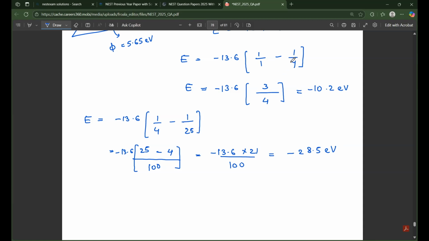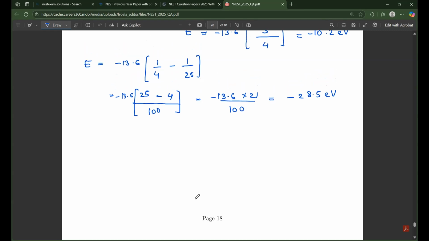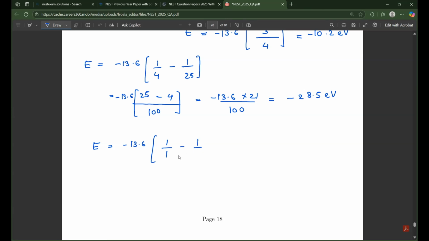Here it was making transition from 2 to 1. Now let's check from 3 to 1. Okay, energy for making a transition from 3 to 1, that is 1 upon final square is 1 and initial is 3, that is 3 into 3, that is 9.